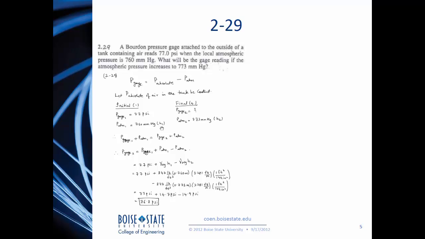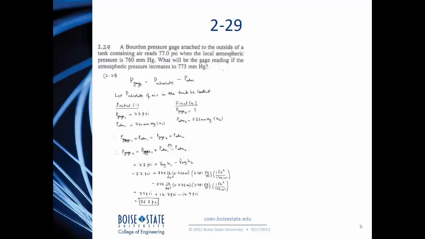That means the height of mercury is given. Here we are interested in the final gauge pressure when the atmospheric pressure is 773 mm of mercury. So we know that the absolute pressures in both cases have to be the same.